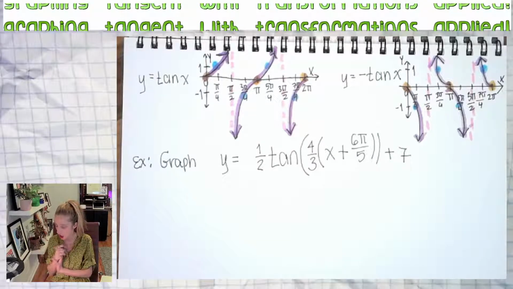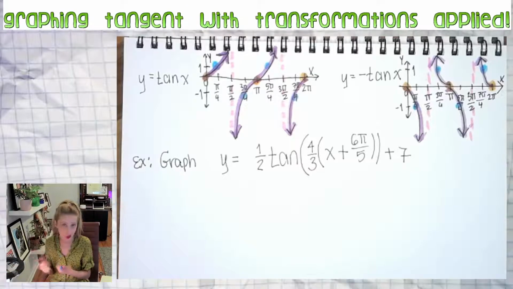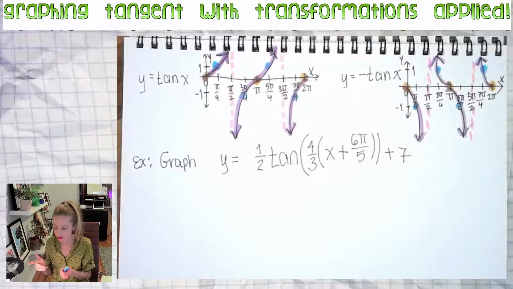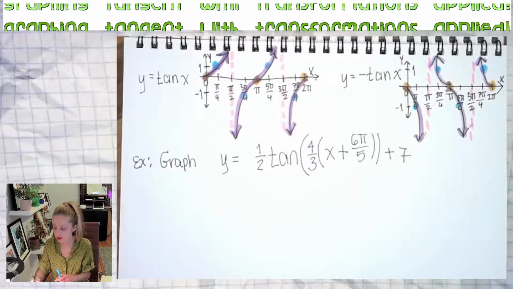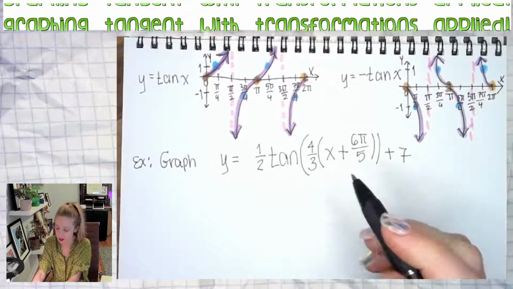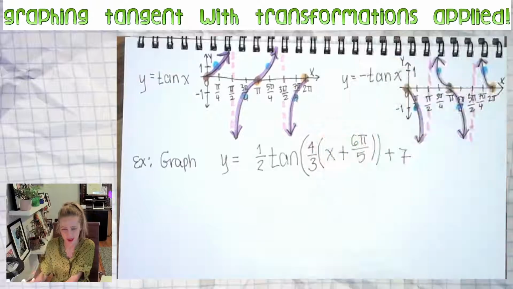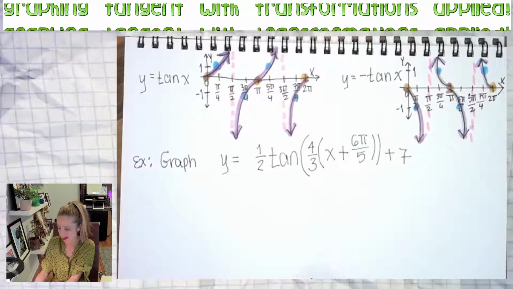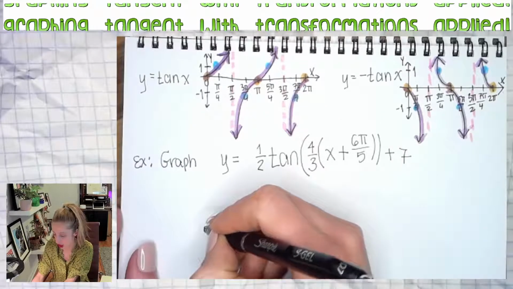Let's get going. First thing I'm going to draw is my sinusoidal axis. I'm going to draw my dashed line, or actually, this time, I feel like I usually draw the shape first. Maybe I should. I feel like it's just so awkward to draw that without the sinusoidal axis on it, if that makes sense. But no, I guess I'll still do the shape. So I'm going to draw this right here.